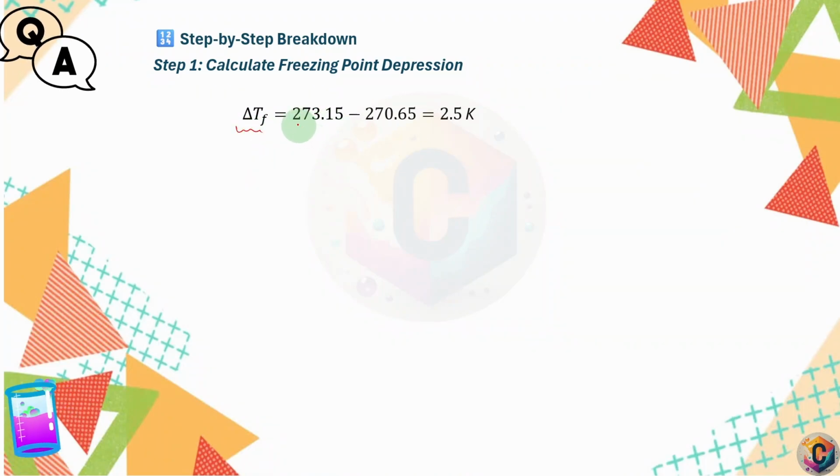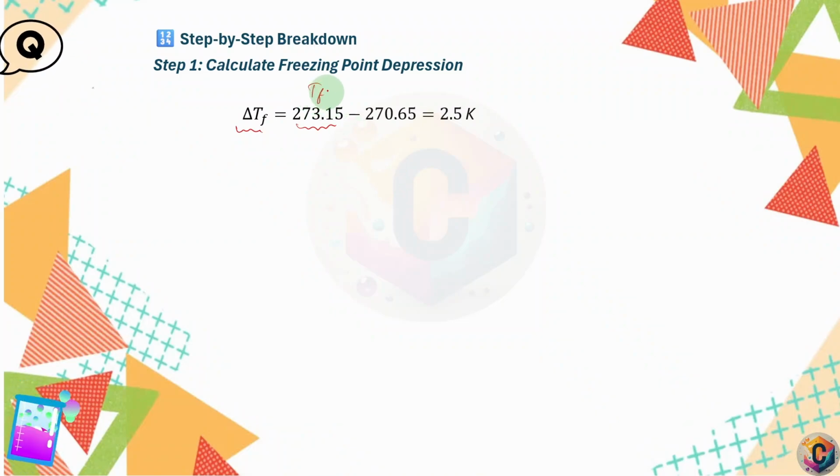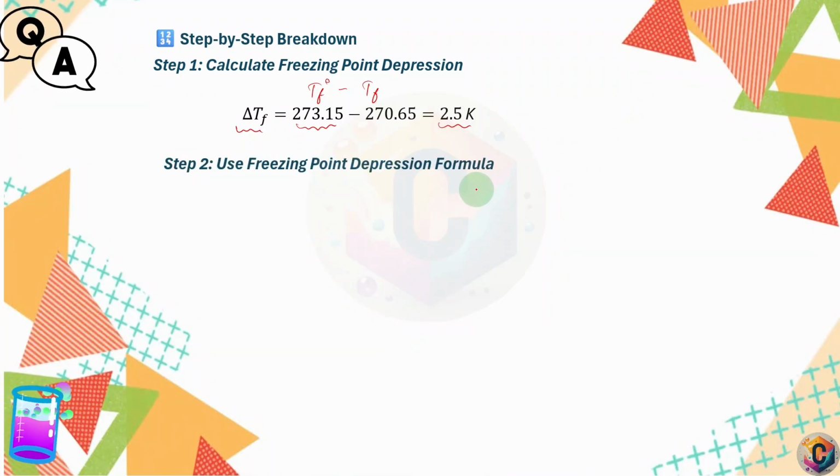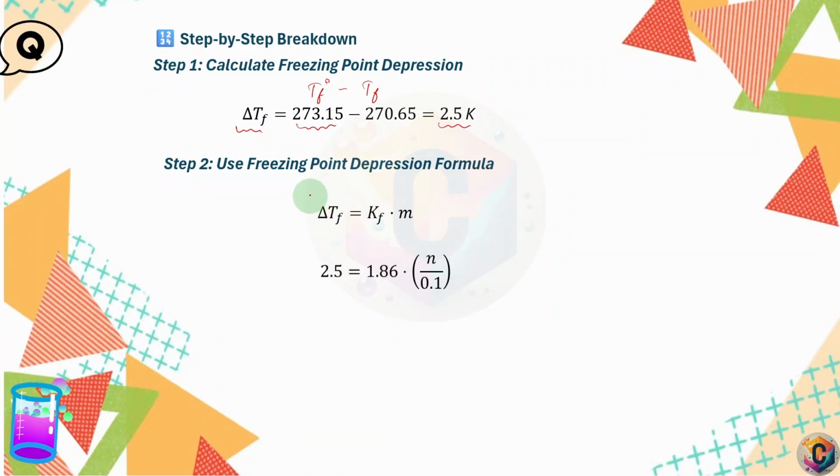We'll first calculate the depression in freezing point. We know that Tf naught, the freezing point of the solvent, minus Tf will give you 2.5. So 2.5 Kelvin is the depression of freezing point. Next, we use delta Tf is equal to i into Kf into m. Here the i value is 1. Here we need to know the molality.